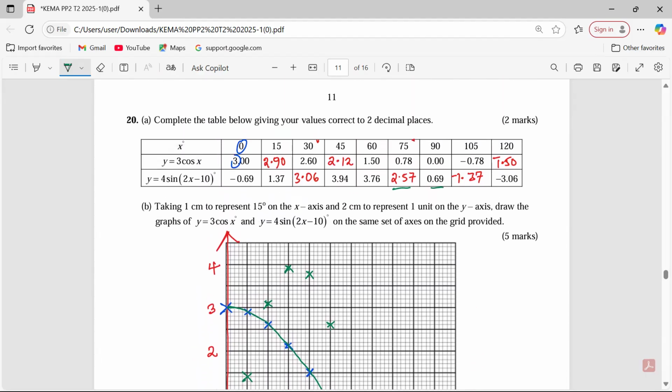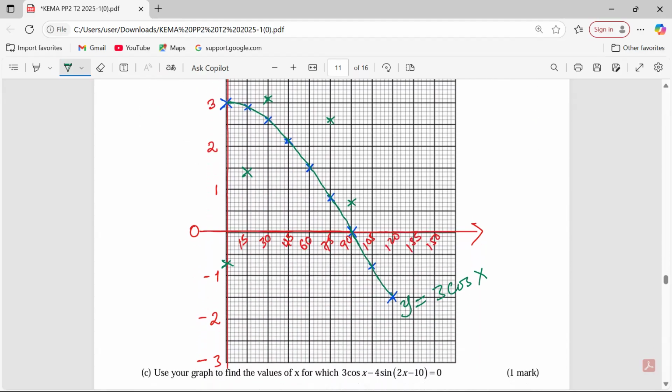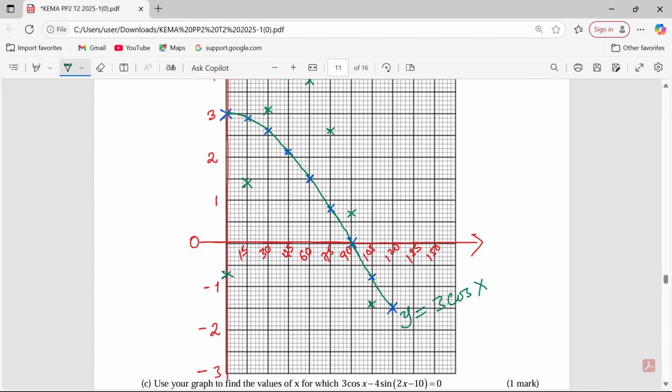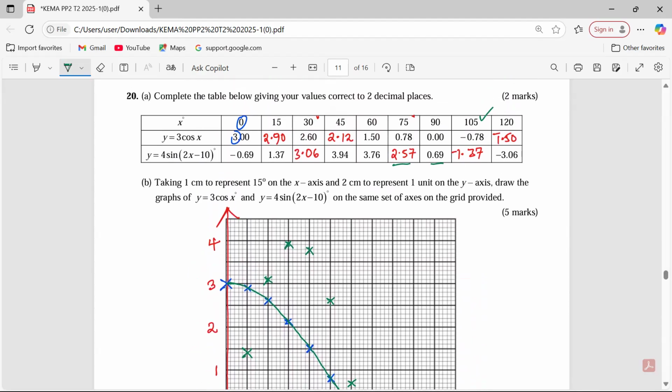105 goes with negative 1.4. Just before negative 1.5, we have negative 1.4. Then we can also talk about 120 and negative 3.1.